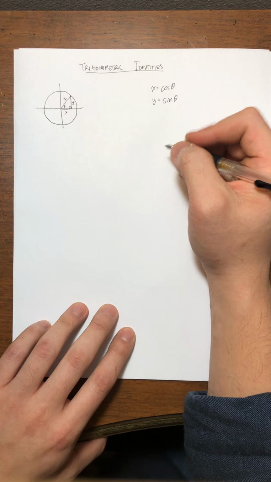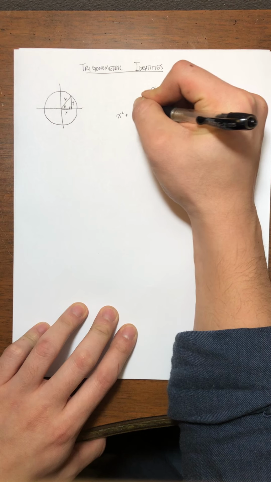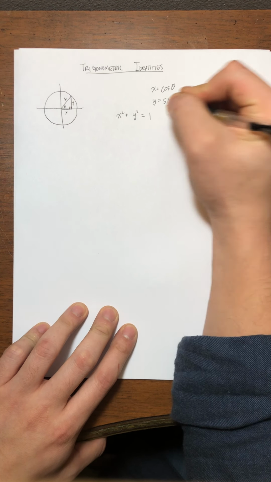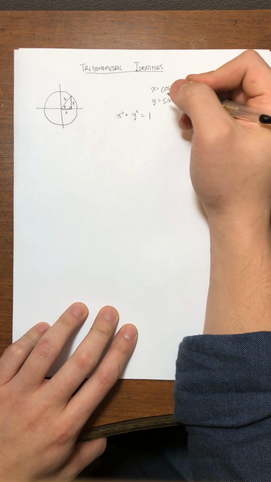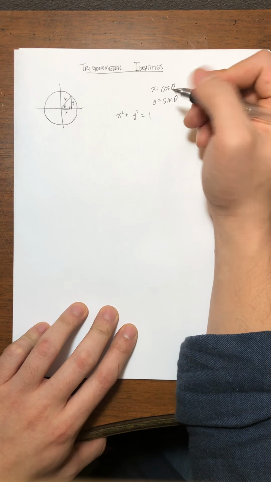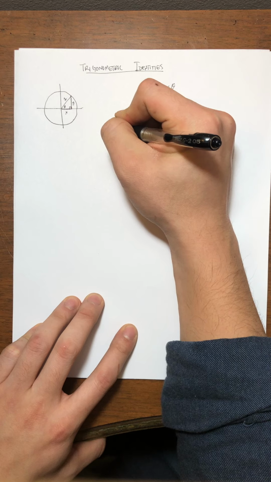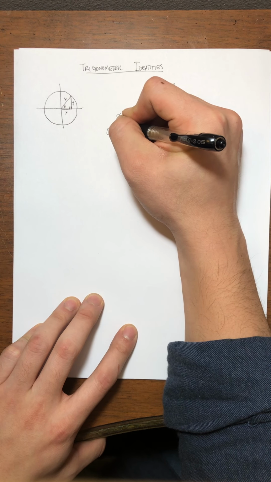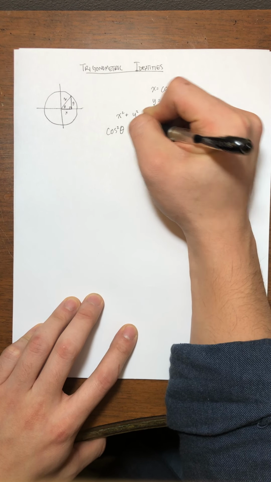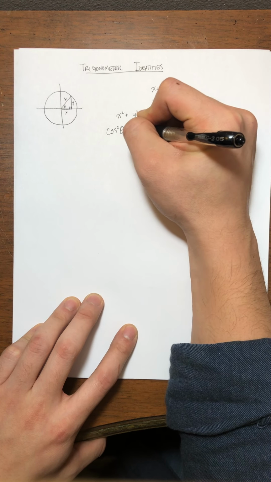In this case, it's going to be what? x squared plus y squared equals 1 squared. That's just 1. And so if we replace x with cosine theta and y with sine theta, we end up getting cosine squared theta plus sine squared theta equals 1.